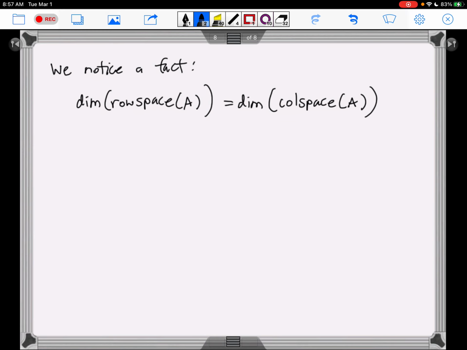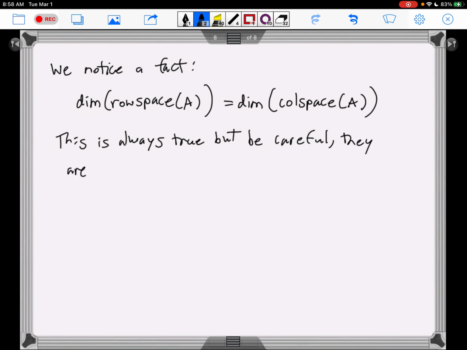Now be careful, just because the dimensions are equal, it does not mean the vector spaces themselves are equal. So this is always true, but be careful. They are not equal subspaces in general.